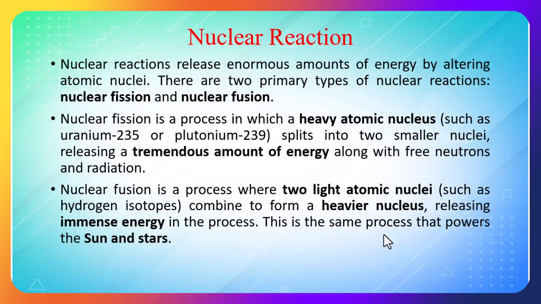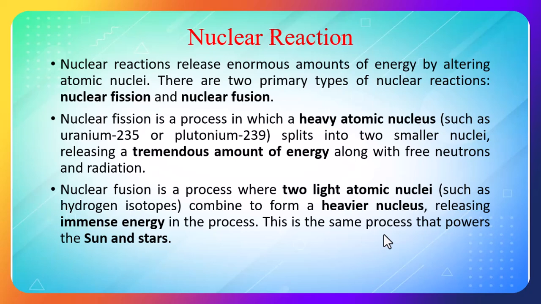In nuclear fission, the nucleus gets divided. As is clear from the word fission, it is a process where heavy atomic nuclei such as uranium 235 or plutonium 239, both radioactive materials, split up into smaller nuclei, releasing an enormous amount of energy in the form of heat. That is what we want. We take that heat energy to boil water and make steam, then the procedure remains the same.